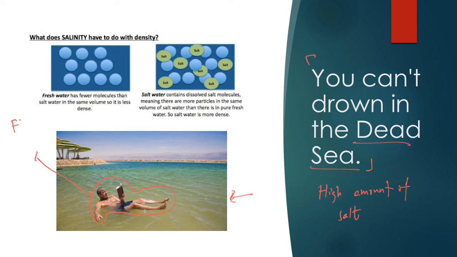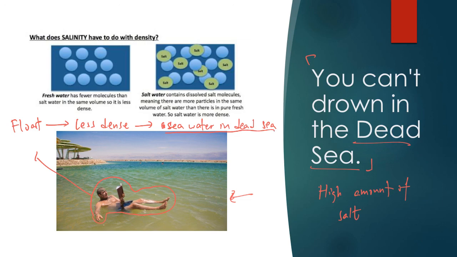If we're just using the concept of density, when something floats, it means that it is less dense. In this case it is less dense than the sea water in the Dead Sea. So what makes the sea water in the Dead Sea denser than normal seawater?